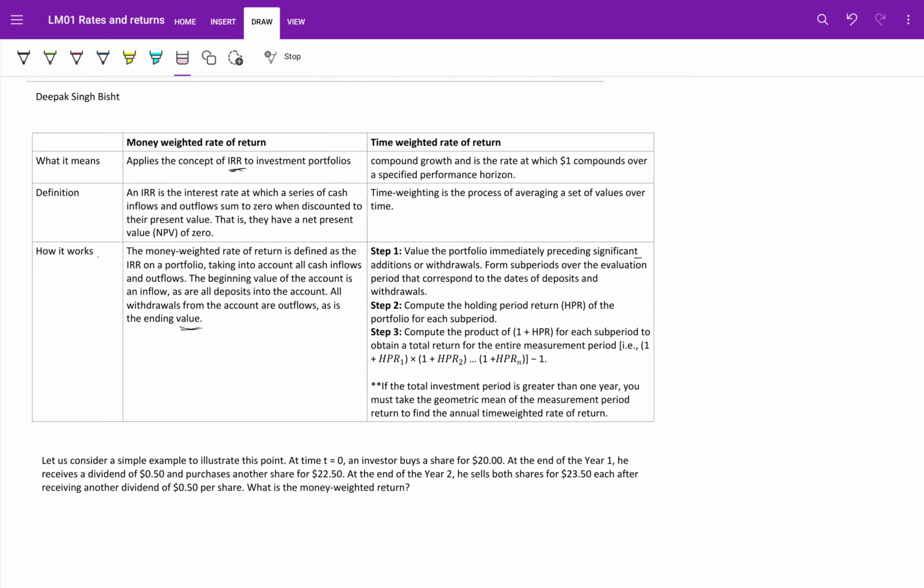Or it could be the other way around. Basically, all the outflows should be negative and all the inflows should be positive, or you can consider all the outflows as positive and all the inflows as negative, but do not mix up those values.